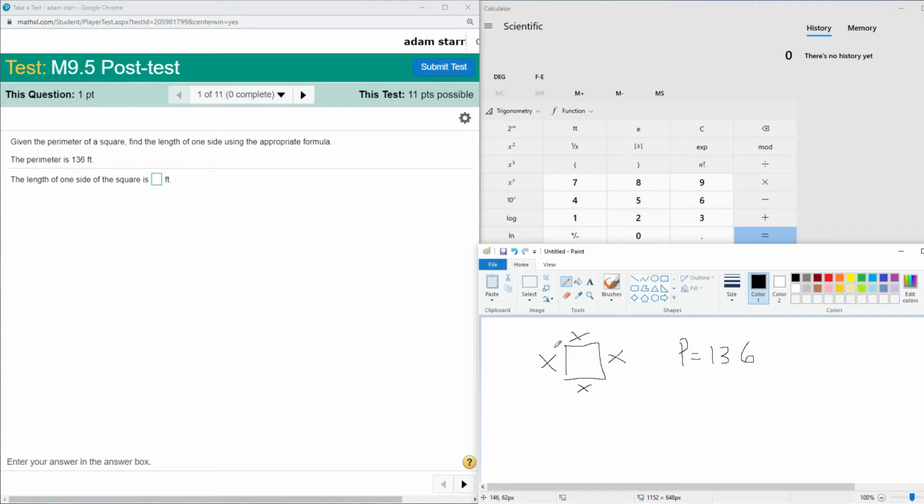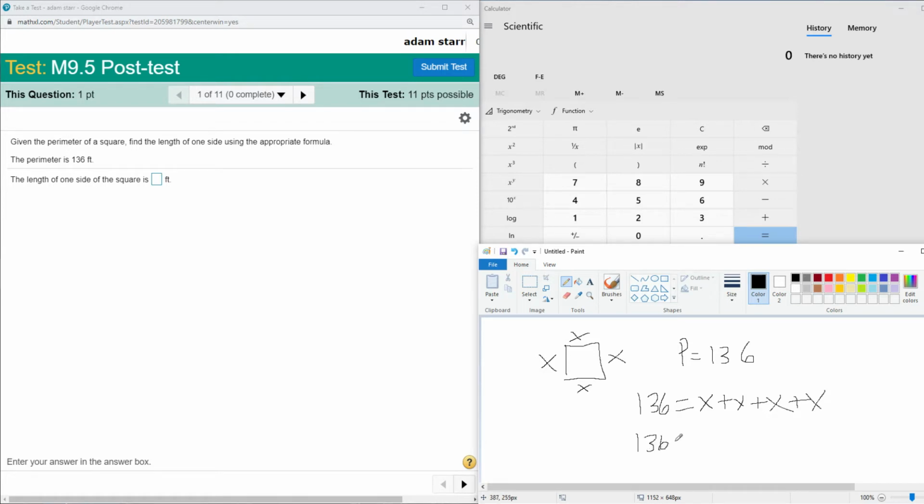To find the perimeter of the square, we're just adding up all four sides. So this is going to create an equation where my perimeter is equal to all four sides added together. X plus x plus x plus x, four sides of the square, equals the perimeter.